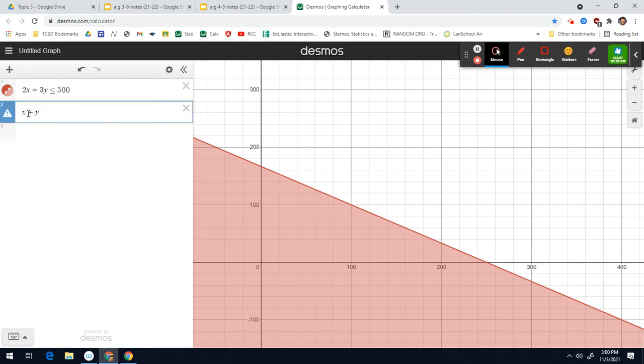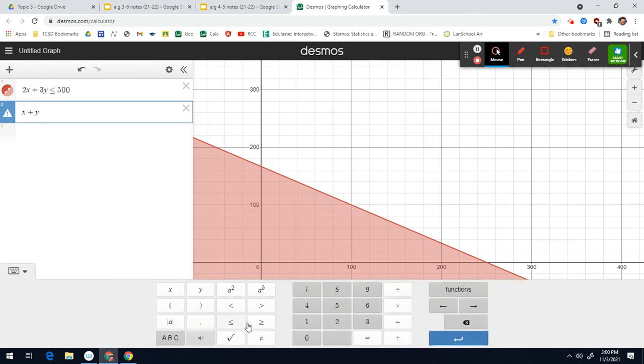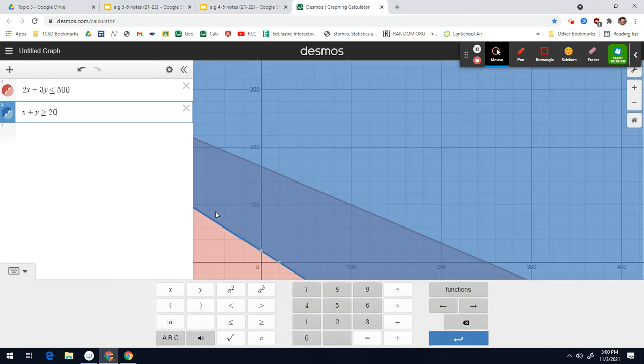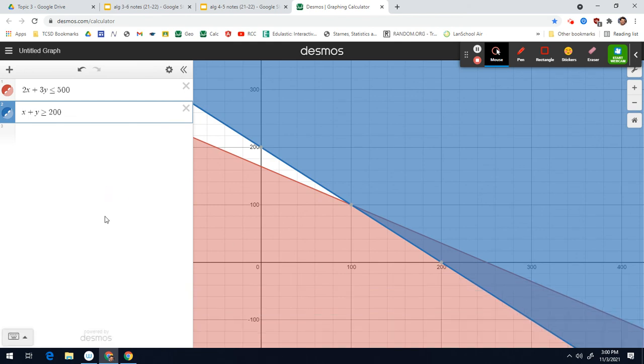x plus y is greater than or equal to, got to bring up that keyboard again, greater than or equal to 200. And you'll notice here where the shaded region is, it's this purple region right here. This is our solution. So I'm going to graph this on our coordinate plane. It looks like 100, 100 is the point where they intersect.